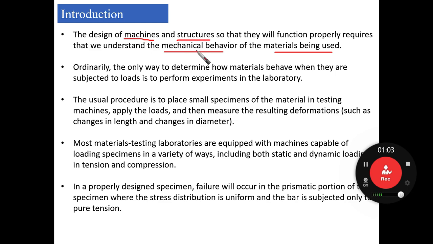So we need to know the type of steel and how it will behave, whether it is mild steel or high strength steel, for example, whether it is concrete or high strength concrete, or whether it is a ductile or brittle material. We need to know the type of the material and its mechanical behavior.